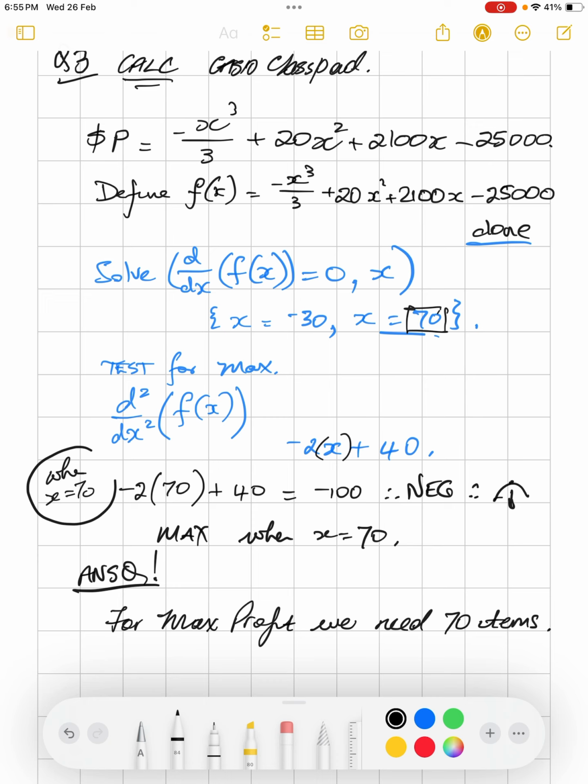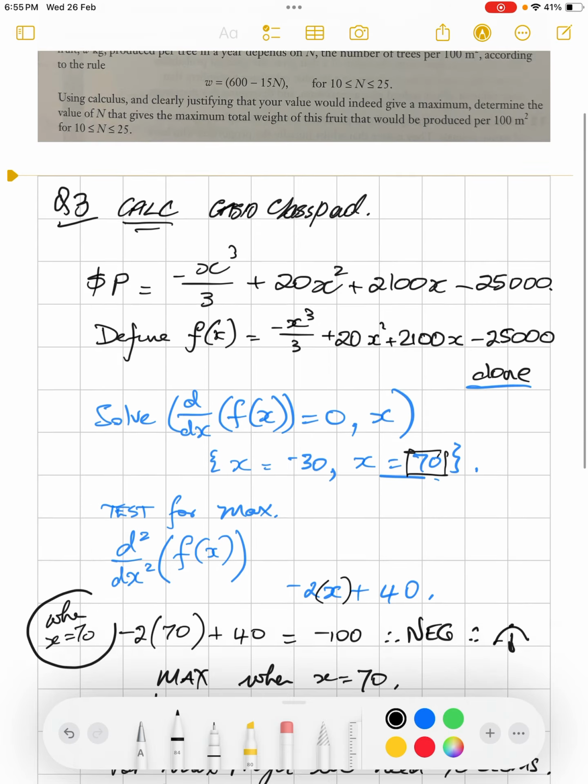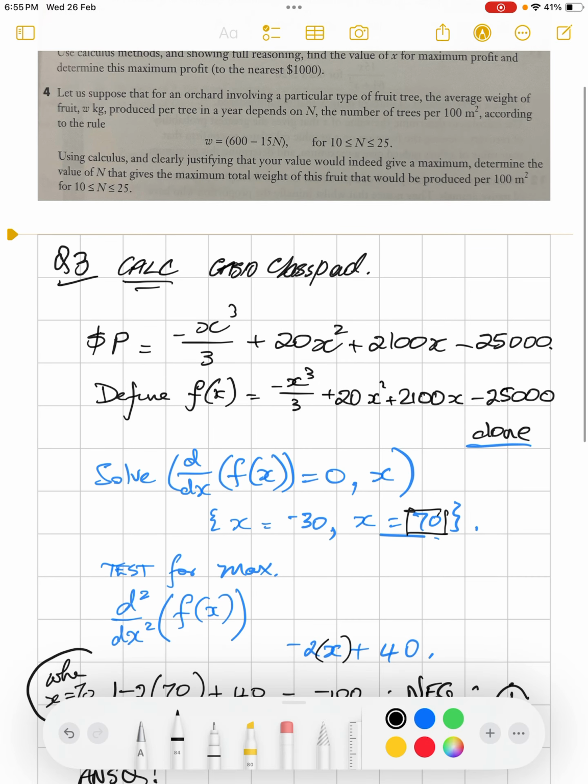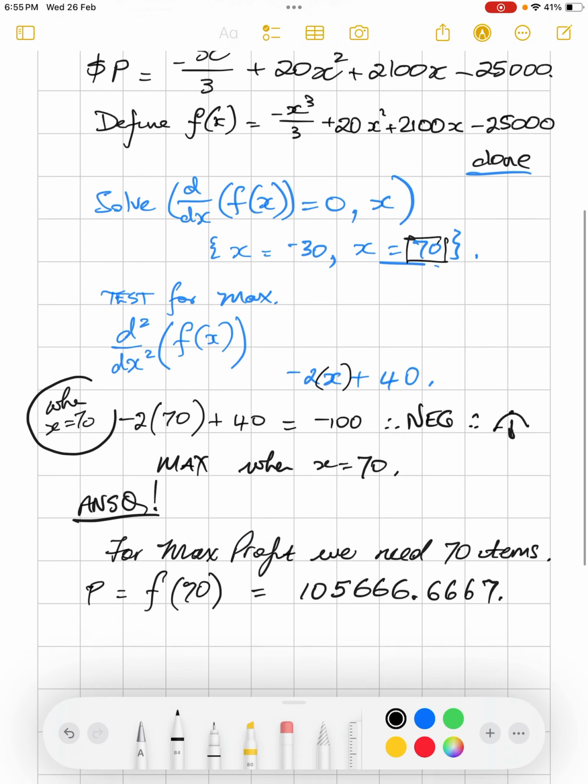And the maximum profit is, so if we substitute our 70 into our f value in the calculator, and we just go f, because we've already defined it, f of 70, and it says it is 105,666.6667, and so we want to the nearest $1,000, determine the maximum profit.